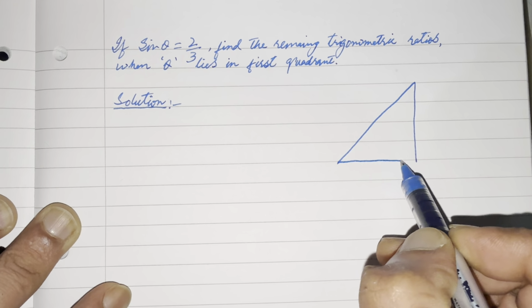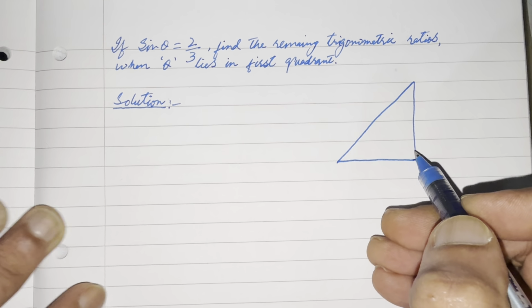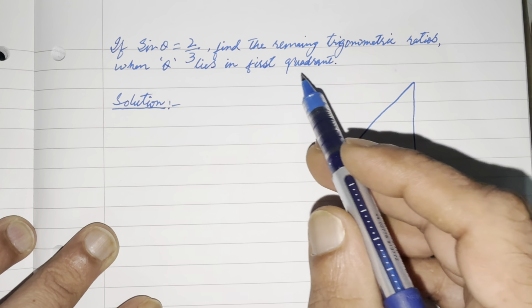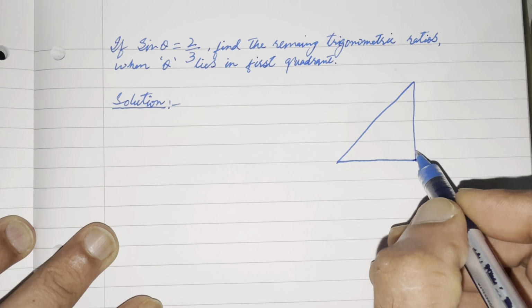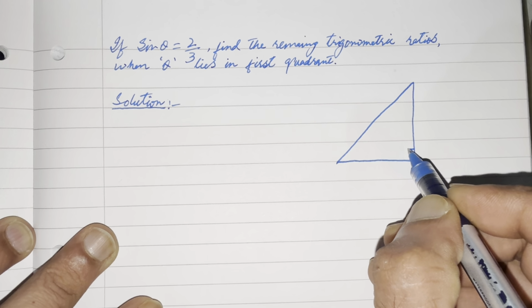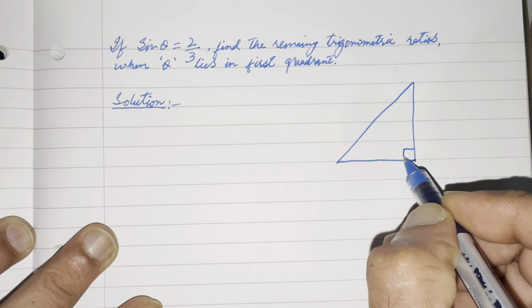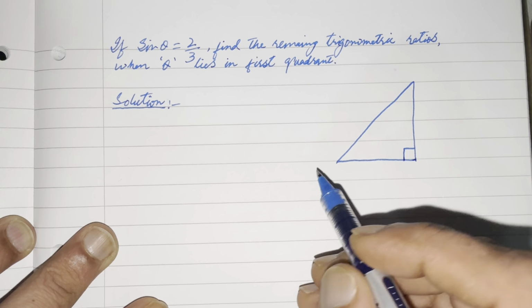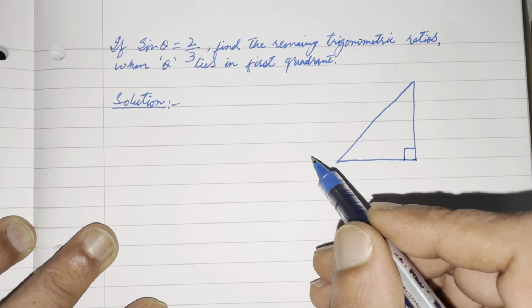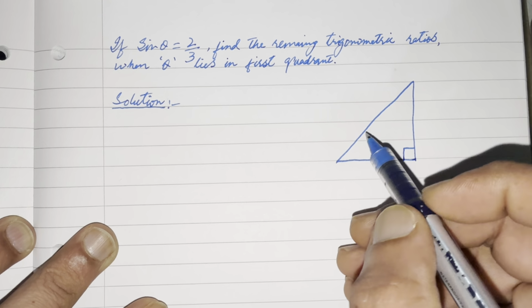So with the help of this statement, first of all we will have to draw a right angle triangle, and after that we will be able to find the trigonometric ratios.